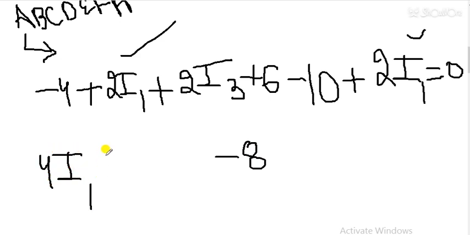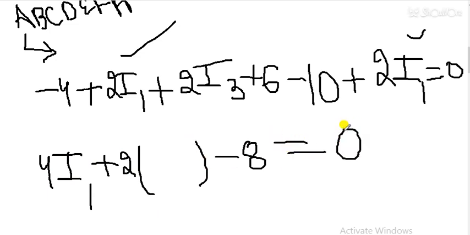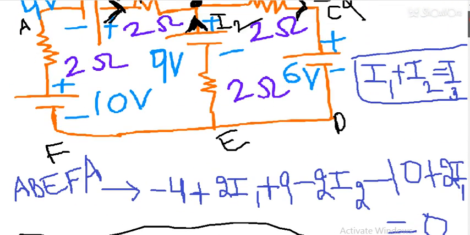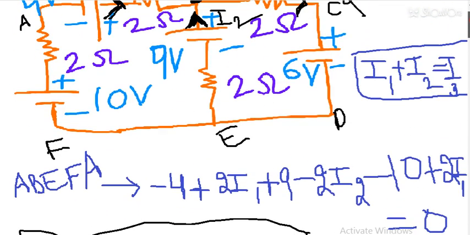So here I will put the value of I3 in terms of I1 and I2. Okay, 4I1 plus 2I3 minus 8. Now I have to check the value of I3 in terms of I1 and I2.